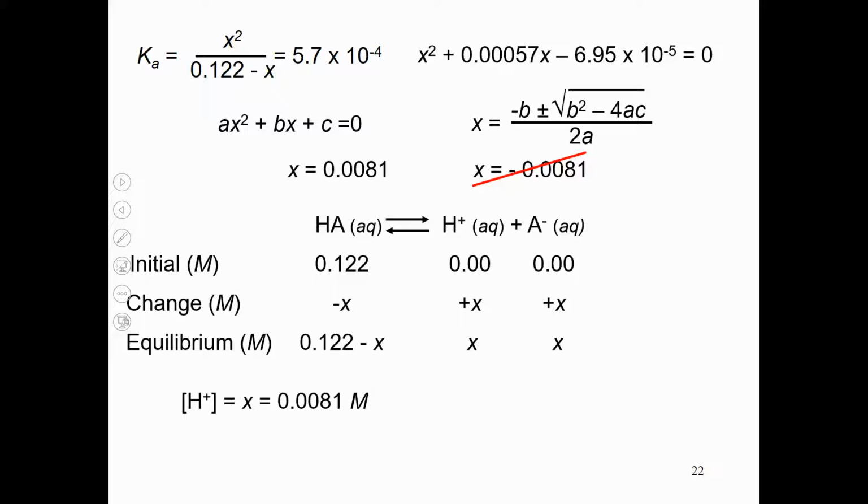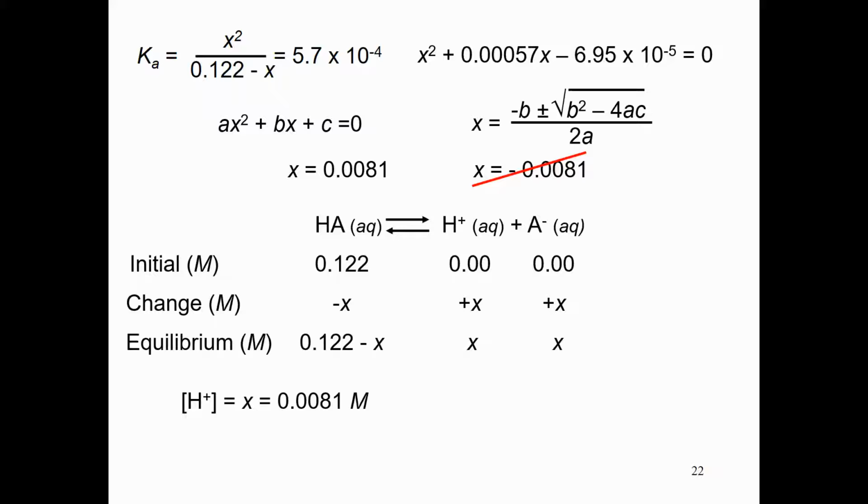So if my x is 0.0081, then that's the concentration of H+. I went through the process of the ICE table so that I could find x, because x is the concentration of H+.